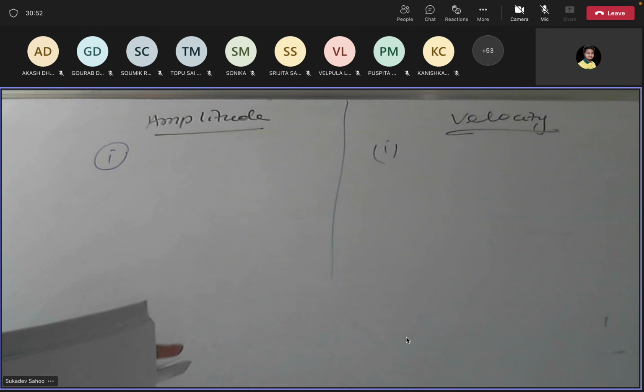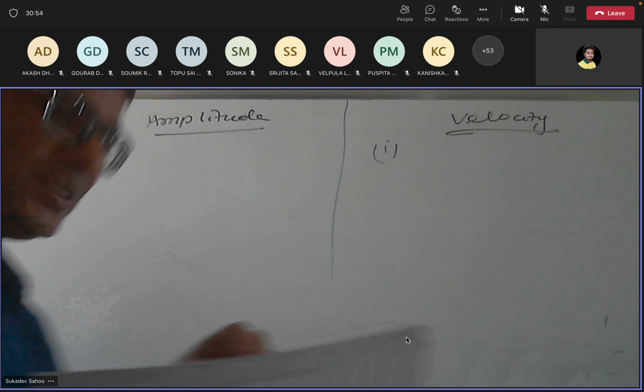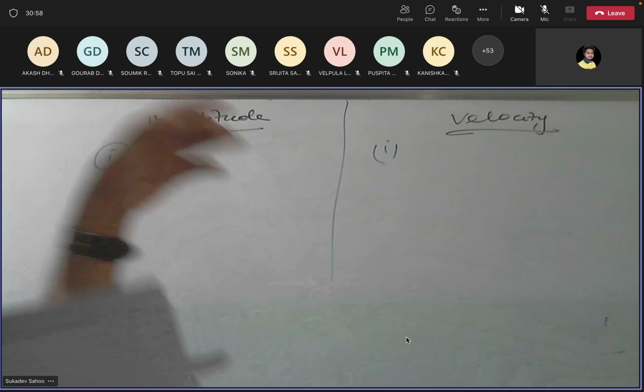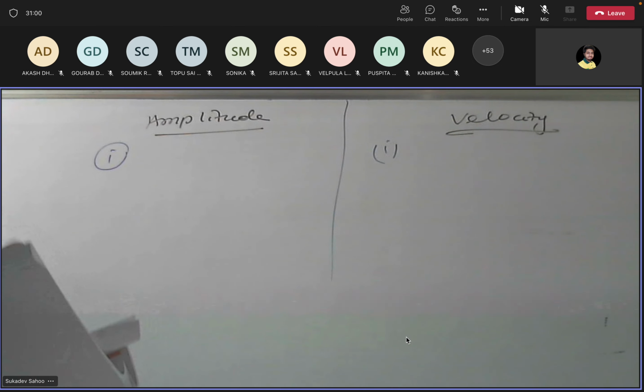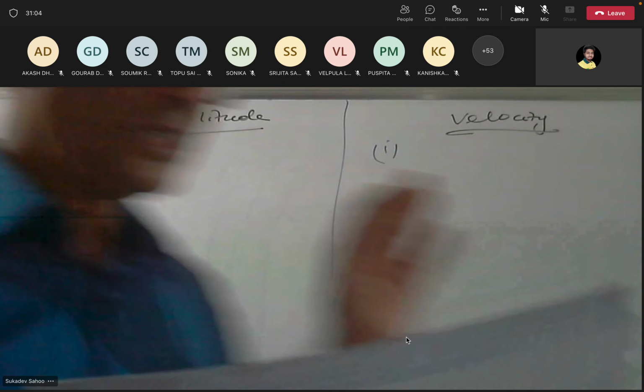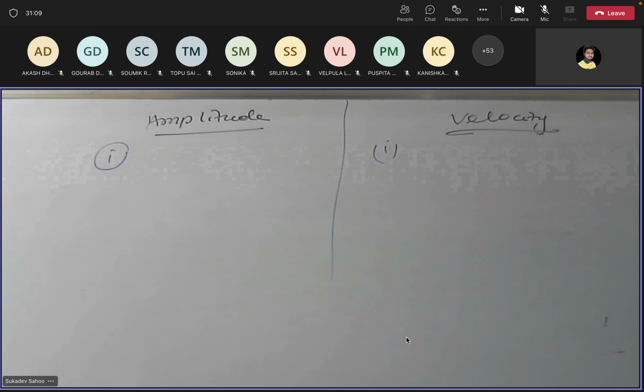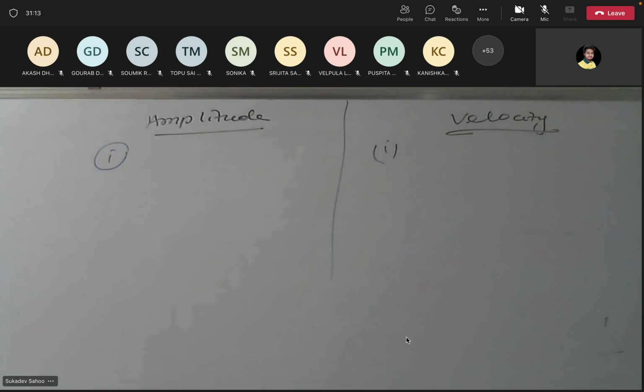At amplitude resonance, the displacement lags behind the driving force by pi by 2, whereas at velocity resonance, the velocity is always in phase with the driving force. Some other points are given in the book. We have given 6 points; you can read the book, 6 or 7 points.